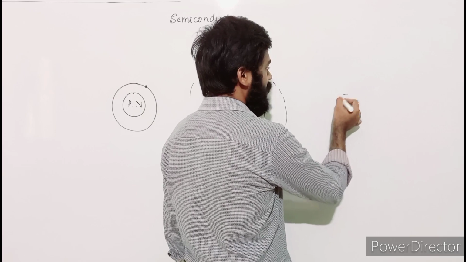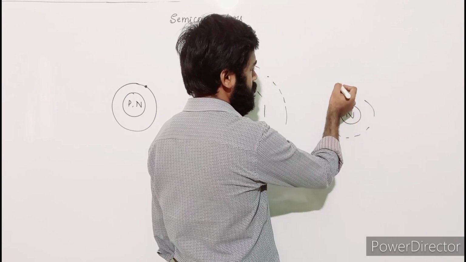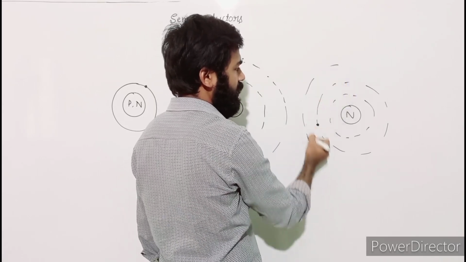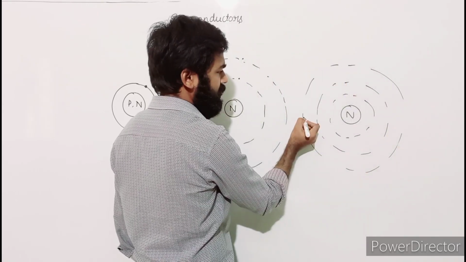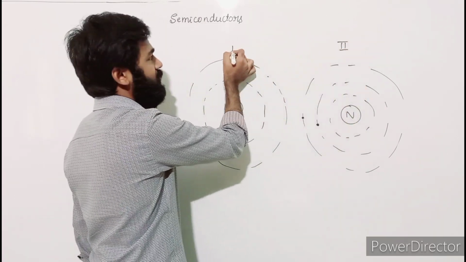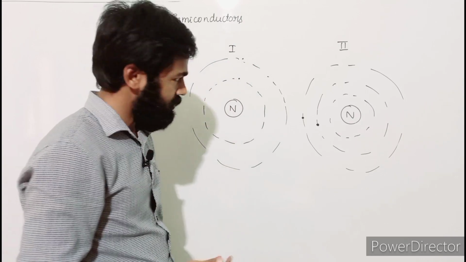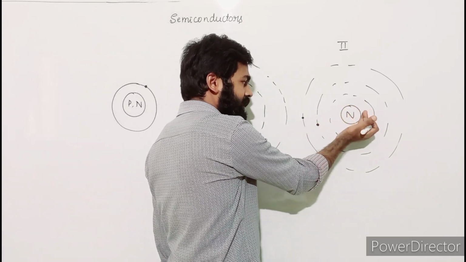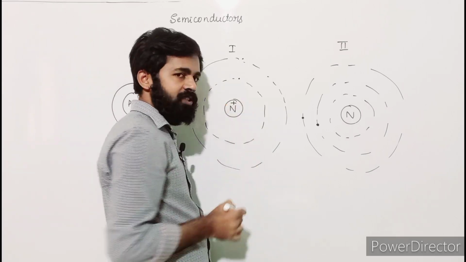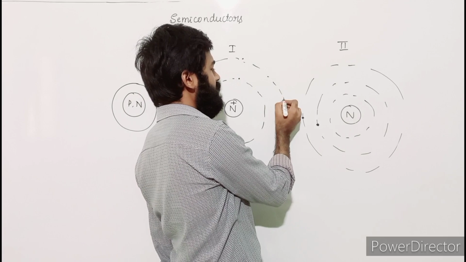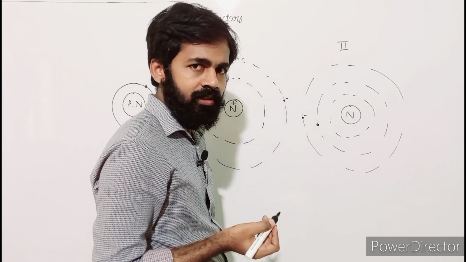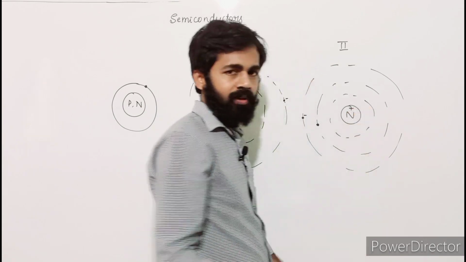Now what happens if I bring one more atom? Let's say this is the first atom and this is the second atom. What may happen if I bring the second atom nearer to the first atom? We know the nucleus is positively charged and the electrons are negatively charged.